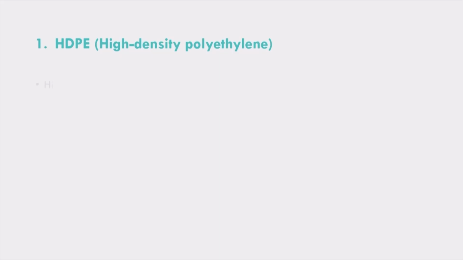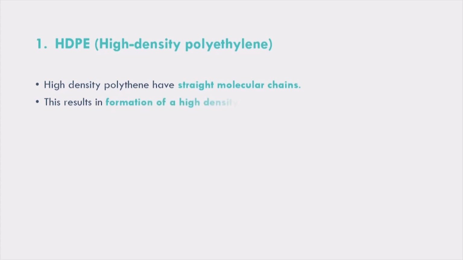HDPE, high density polyethylene. High density polyethylene have straight molecular chains. This results in formation of a high density material. These are fairly stiff, strong and also quite tough.